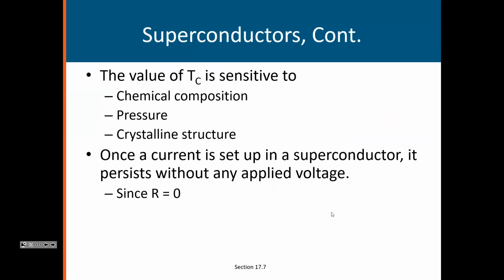And what does this critical temperature depend on? People started making superconductors by combining different materials, like copper or copper oxide, mixing things and changing the composition.